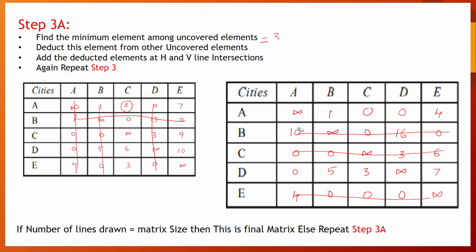Let me remove the lines which I drew so that I can use this. This is our final matrix. From now on, let me keep the lines here itself, and I'll do the new matrix there.